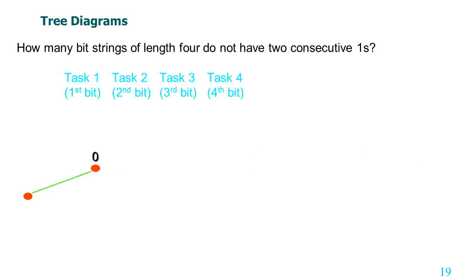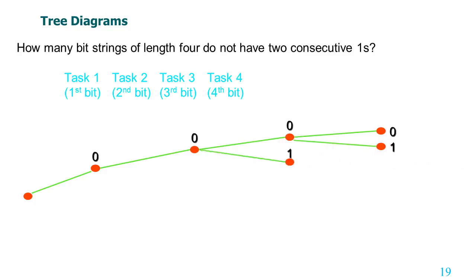Take 0 0 0 0. That has no two consecutive ones. Similarly, 0 0 0 1 has no two consecutive ones. Similarly, 0 0 1 0 has no two consecutive ones, and so on.